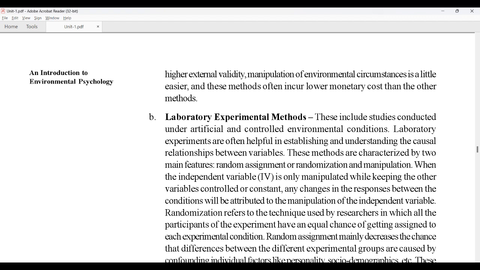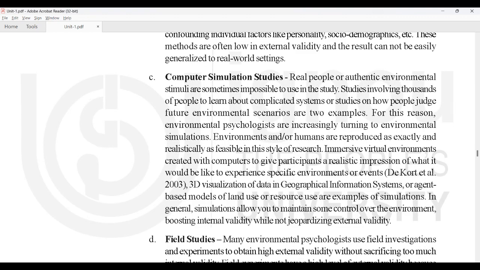Random assignment mainly decreases the chance that differences between the different experimental groups are caused by confounding individual factors like personality, socio-demographics, etc. These methods are often low in external validity and the result cannot be easily generalized to real-world settings. C. Computer simulation studies.